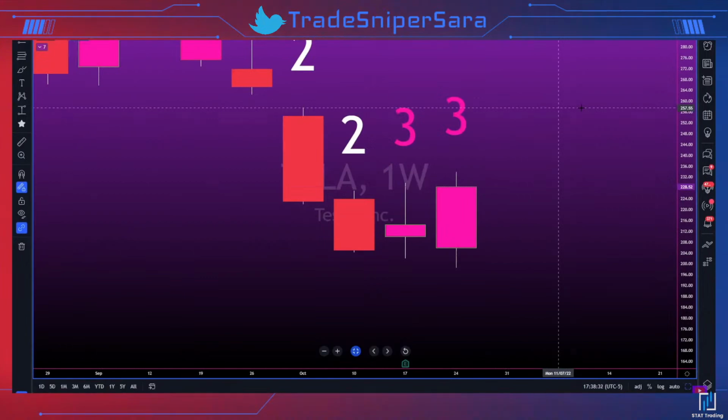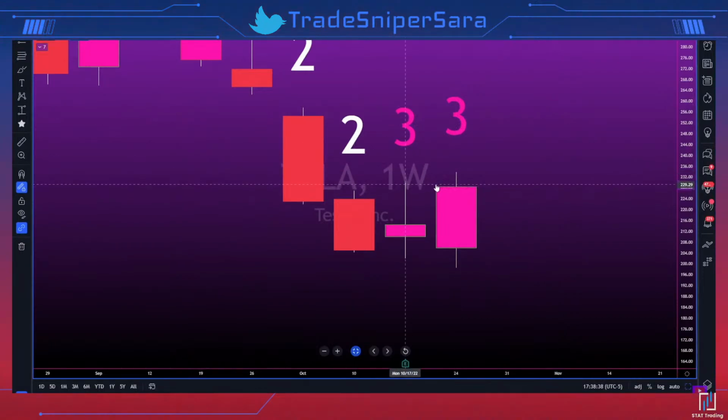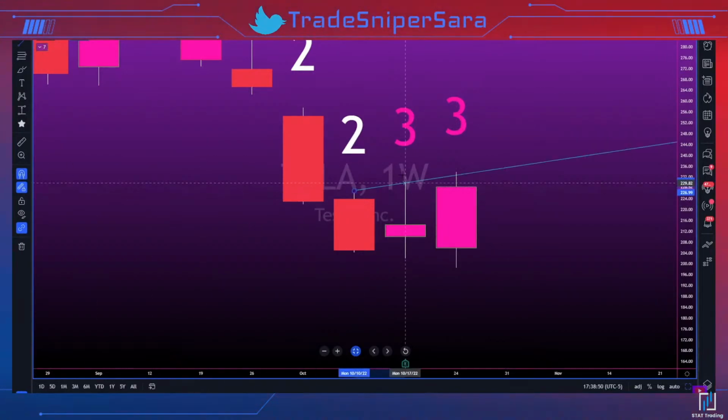Now, there is some misinformation out there on Twitter that you have to draw broadening formations starting with threes or from threes, and that is incorrect. So you'll see a lot of people drawing their broadening formations like this.